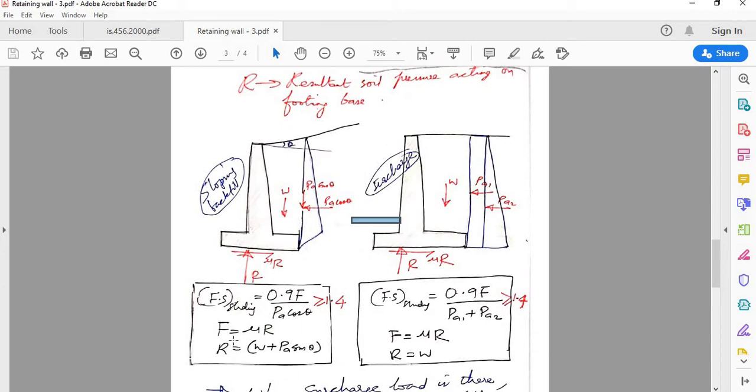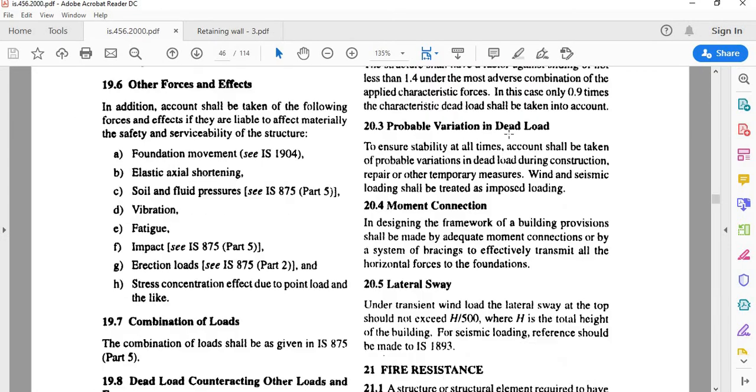So what will try to slide is the total horizontal component, which is nothing but PA cos theta. And what will try to resist is the frictional force that's developed. So again, you use the factor of 0.9 as we have seen in that codal provision.